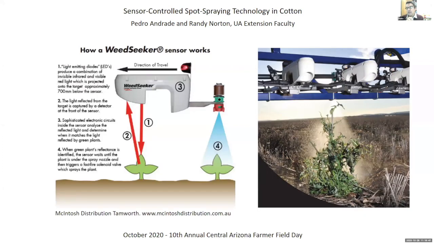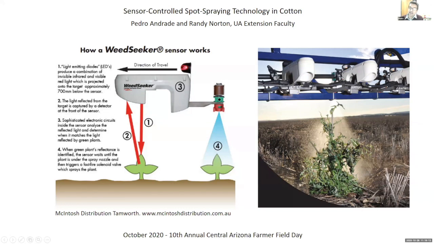I want to explain the principle of operation, just in case somebody is new to these type of systems, which are new. They started in the early 2000s. What I have here on the left is an image of a system called Weed Seeker. The first part is that this is an active sensor.